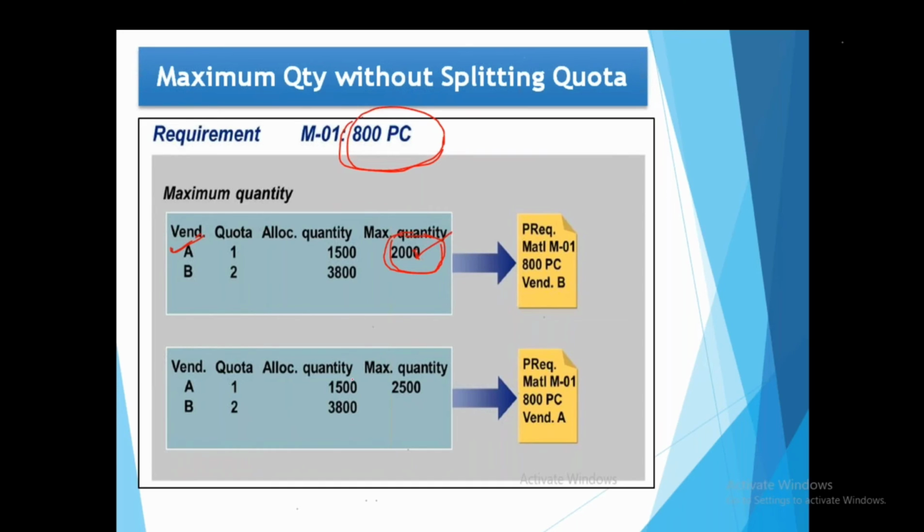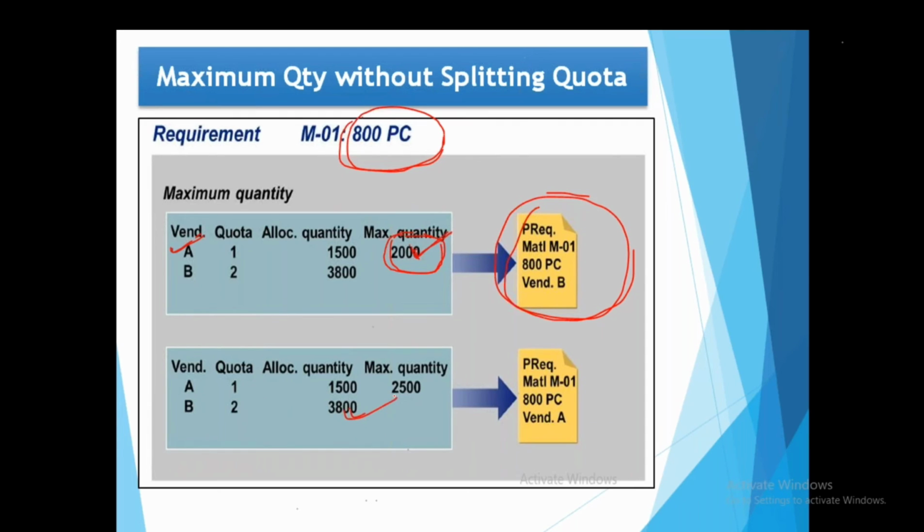The system will first allocate vendor B for that 800. Now the maximum quantity is 2000, and we already ordered 800 for this vendor.